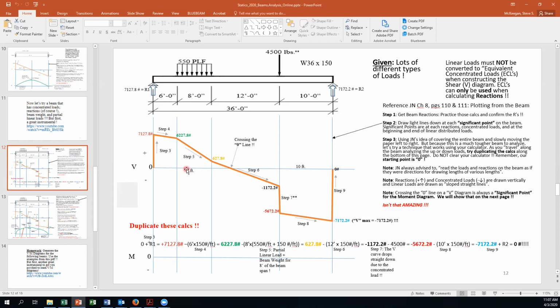So looking at this, we are back on slide number 12. Step 1, get the beam reactions. We've given you the beam reactions here. Some of you on beam B1, we gave you the reactions, and you went ahead and calculated them. You're working too hard. Beam B2, a couple of you got the reactions wrong.